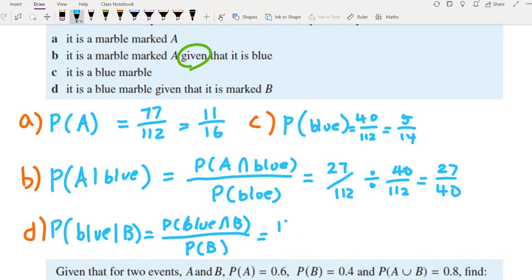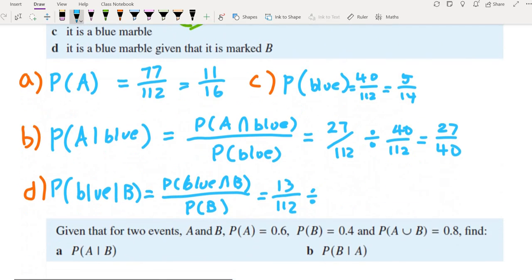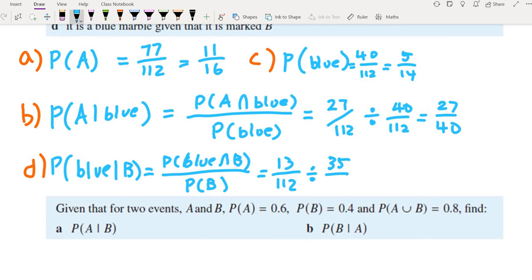So it's 13 over 112 divided by the probability of marked B, which is this bit here. That is up to 35. And then altogether it becomes 13 over 35.